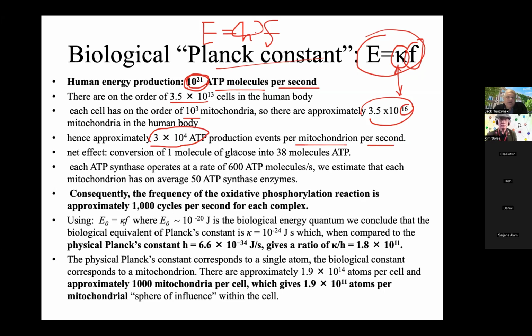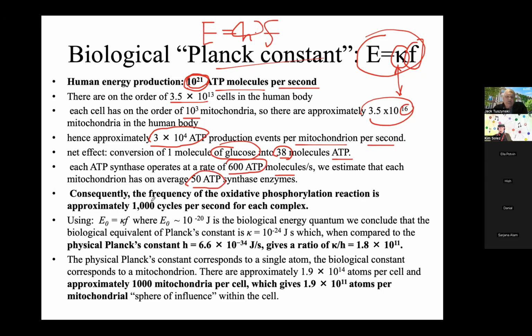And this is the conversion of 1 molecule of glucose into 38. So you can convert this into how many glucose molecules each mitochondrion requires. Each glucose molecule produces 36 to 38 molecules of ATP. And then there are these ATP synthase enzymes, which are these oscillating enzymes I mentioned to you before, and they operate about 600 ATP molecules per second, and there's about, therefore, 50 ATP synthase enzymes per mitochondrion.